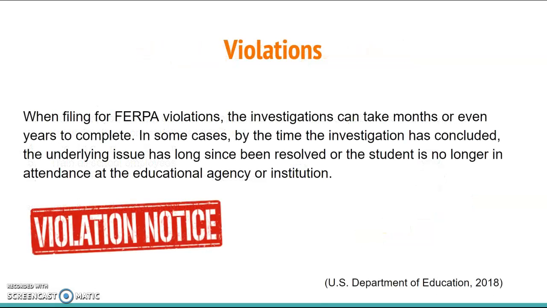Violations: when filing for a FERPA violation, the investigations can take months or even years, and sometimes the underlying cause is already resolved by the time the violation has concluded. But we don't want to have to deal with this, so we will take care of business as we need to.